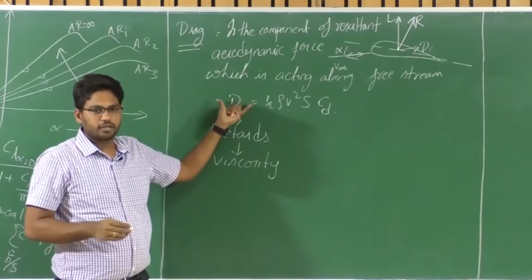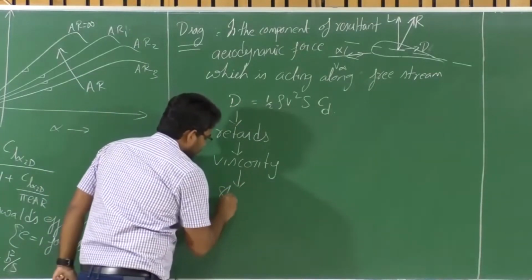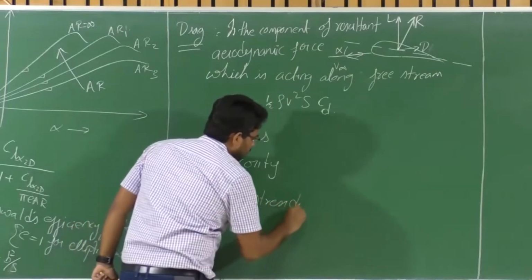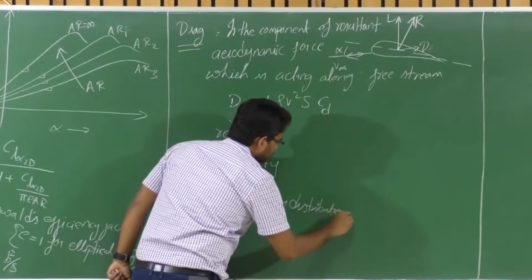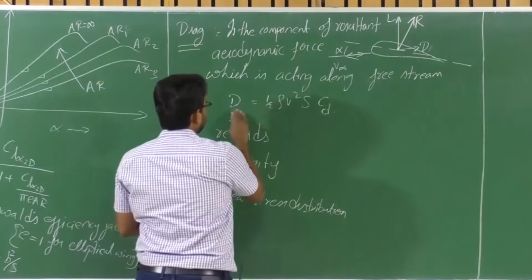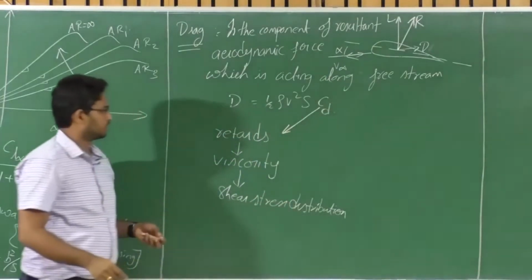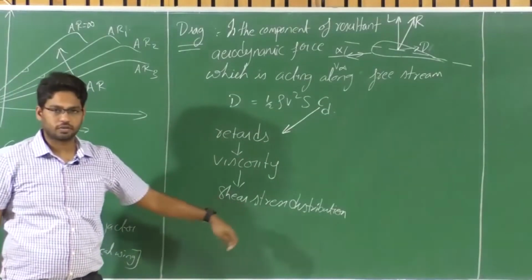Of course, there is a pressure contribution as well. So viscosity creates shear stress, isn't it? Shear stress distribution. Okay. So we understood one component of this. If not drag directly, we can say the drag coefficient is from the shear stress distribution, right?